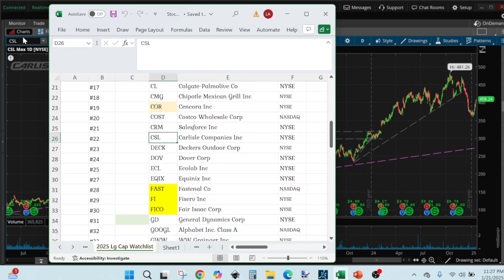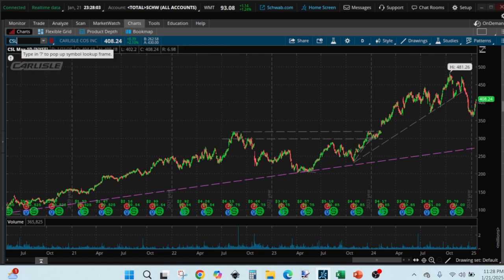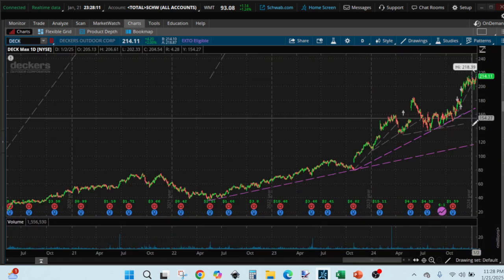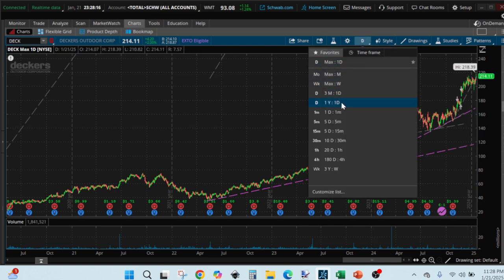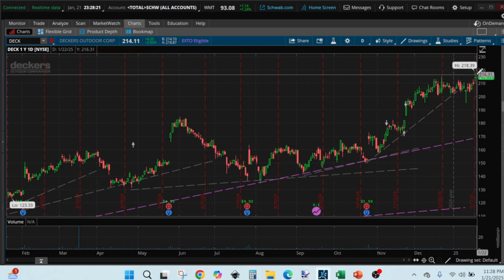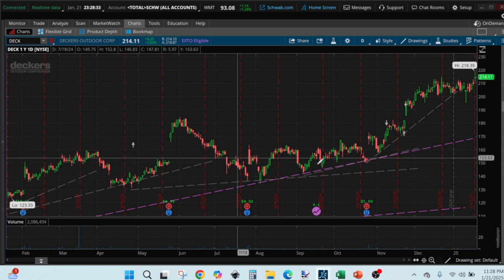DECK is the next one. So DECK, we like to buy at either one of those trend lines, but right now it's going up. It's not ready to go down yet on the 1 year daily chart. Well, yesterday or today, because it's today, not midnight yet, it reached a peak. Okay, so this is our trend line.